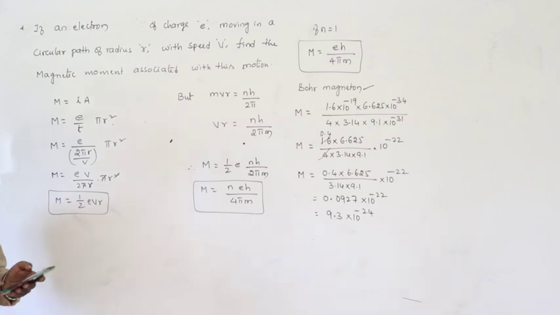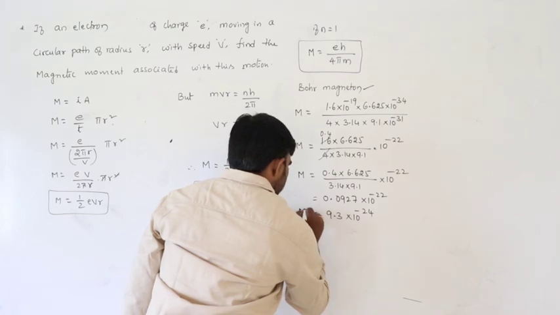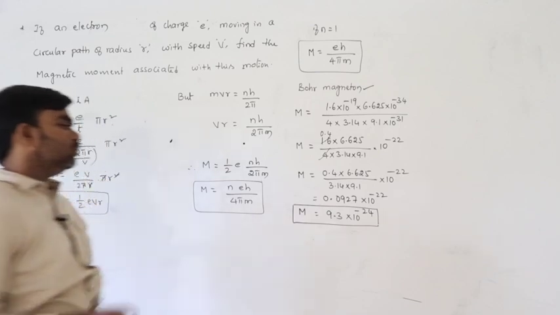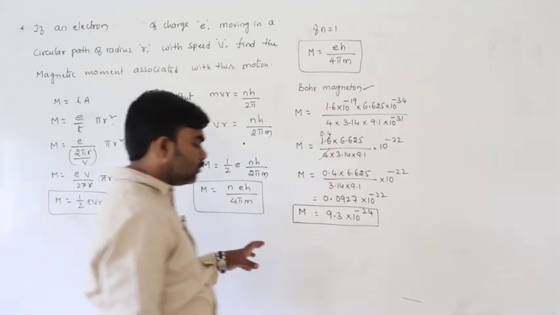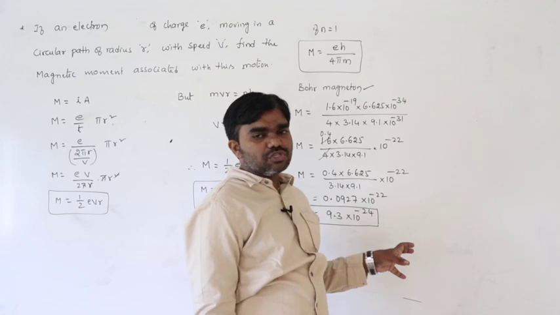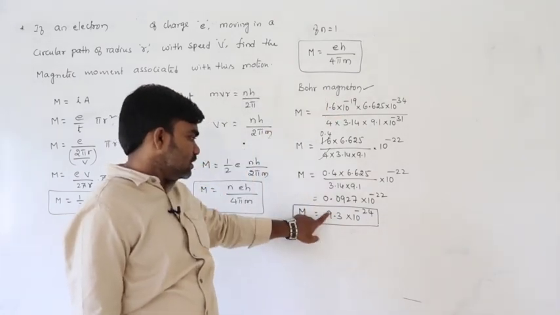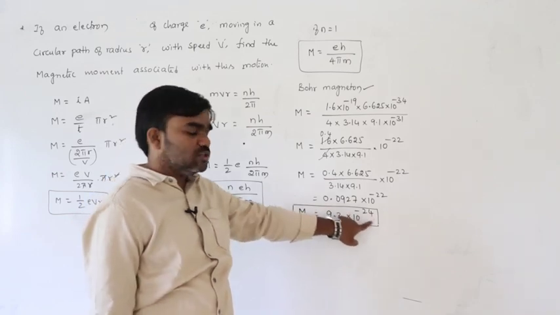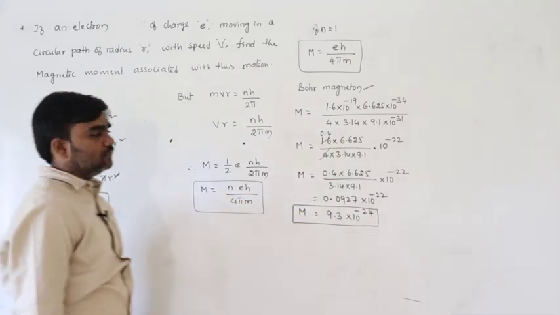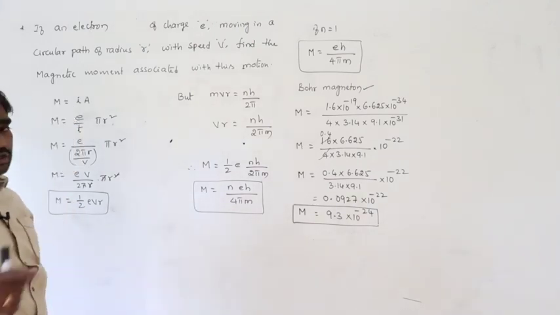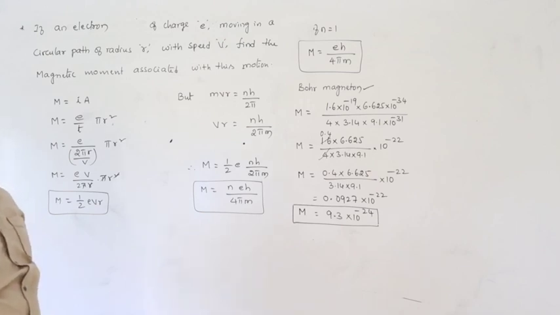This is the constant value, and this is called the Bohr magneton, 9.3 into 10 to the power of minus 24, the magnetic moment of the electron in the ground state of the hydrogen atom. That value remains constant, 9.3 into 10 to the power of minus 24 ampere meter square. So this is the magnetic field due to the circular coil and the magnetic moment associated with the circular coil, everything like this.